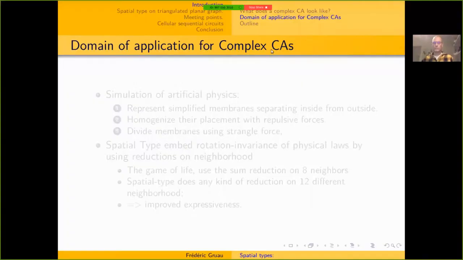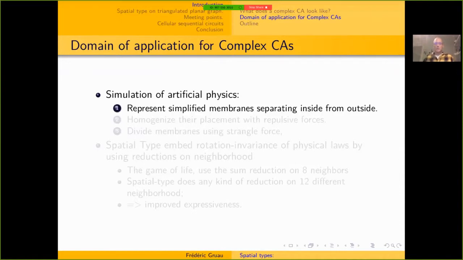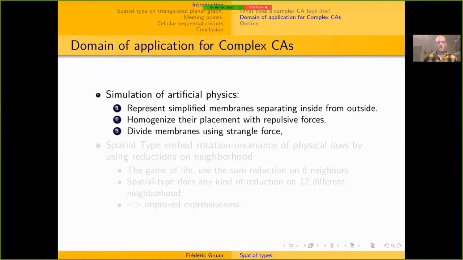So what is the domain of application for complex CA? In general, the method that I propose is adapted for artificial physics. The general purpose cellular automata that I've just shown you uses biologically inspired physical artifacts such as membranes, forces, waves, channels.